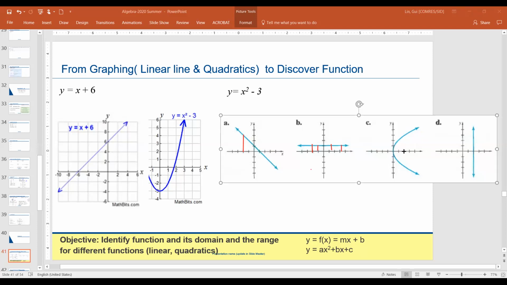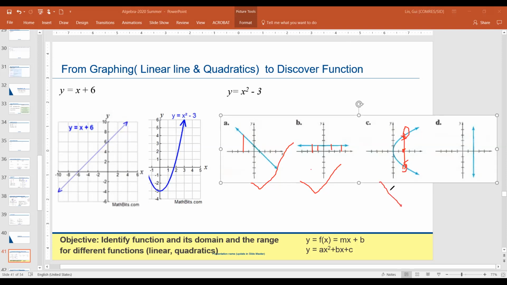But what about this one? When you input one x, it possibly has two y's, right? You put in one x, and it generates two values. That's not good. So this is a function, this is a function, but for this one, you input one x and it generates two.